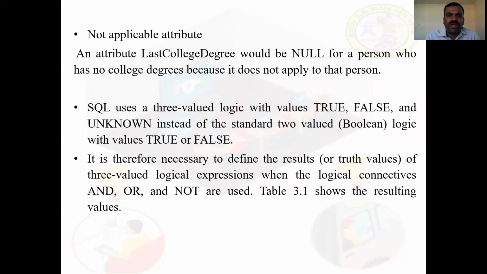Not applicable attribute: an attribute last college degree would be null for a person who has no college degrees, because it does not apply to that person.